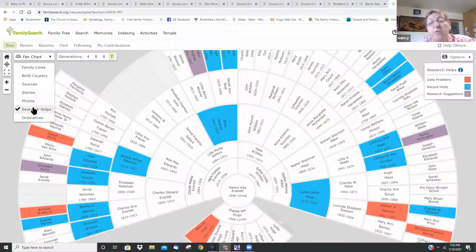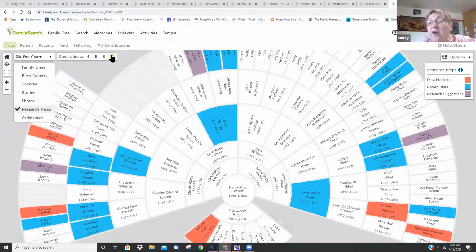And if I turn to research helps, anybody whose name turned blue or whose background for their name turned blue, that person has a hint that I could look up. So I've got quite a few, and these are just my direct ancestors that show up on this 7 generations worth of my fan chart.